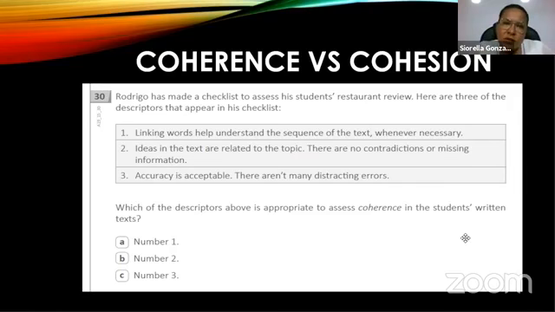Which of the descriptors above is appropriate to assess coherence in the students' written texts? Number 1, 2, or 3? Appropriate to assess coherence. What is it? Write your answers, please.